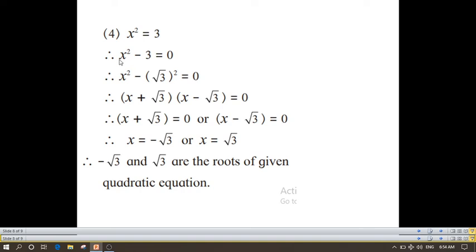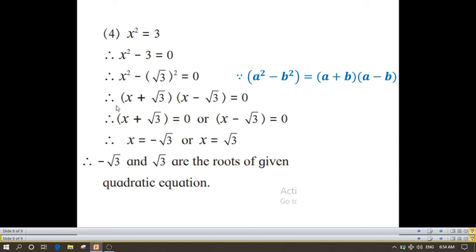So the above equation can be expressed as x² − (√3)². So this is in the form a² − b², and we know that the factors of a² − b² are (a + b)(a − b). So the factors of x² − (√3)² are (x + √3)(x − √3).